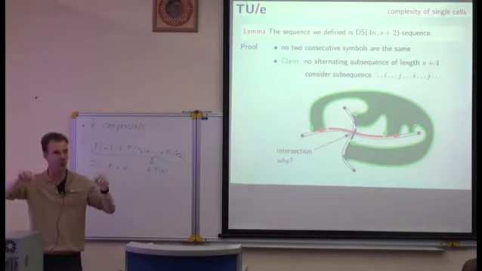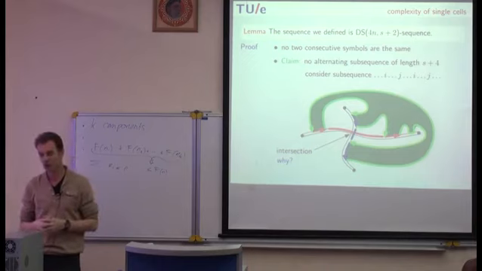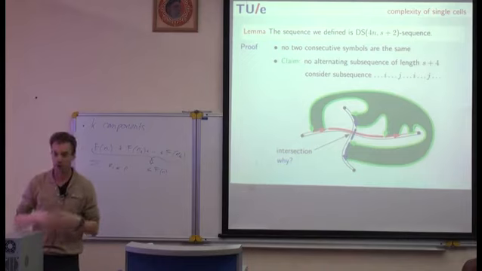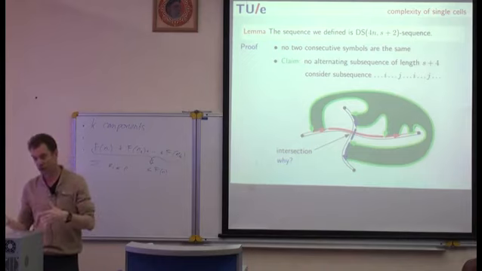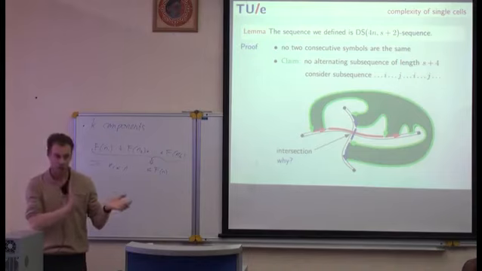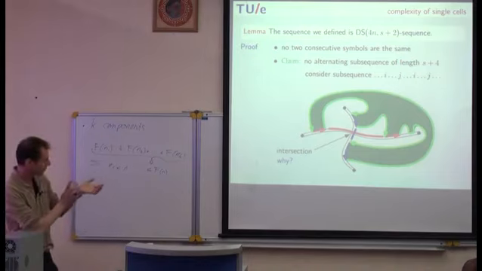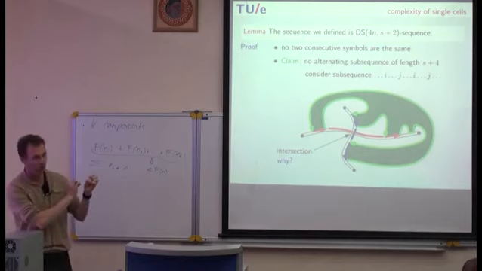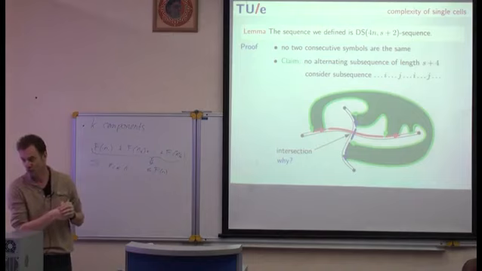But if you just draw some nodes and curves between them, when do you have an intersection? Well, when you have a K5 or a K33. So the trick, or what you usually try to do in these cases, is to somehow come up with some kind of K5 or K33 somewhere. So that's what we're going to do.